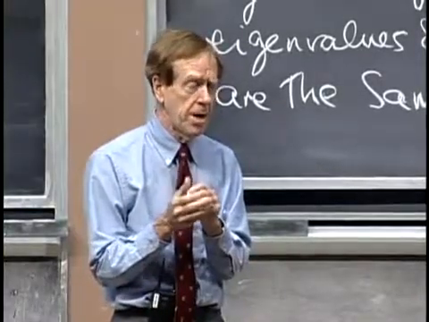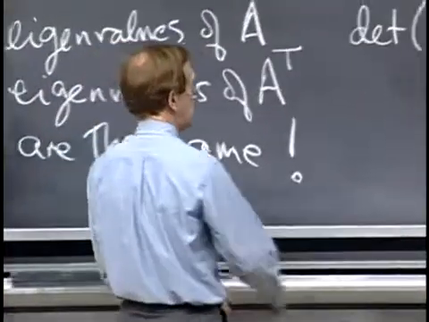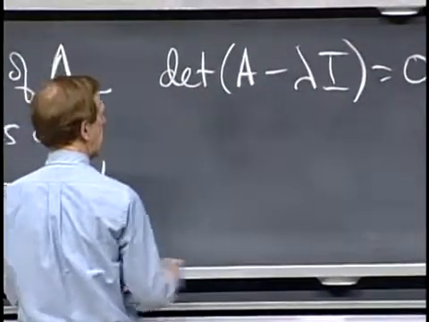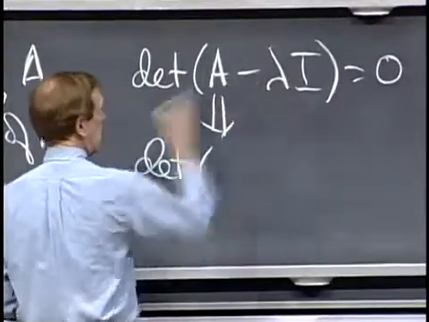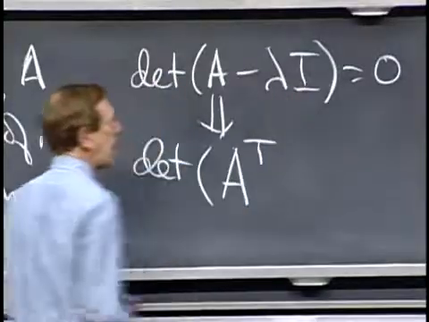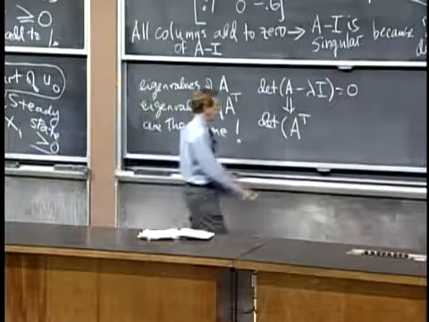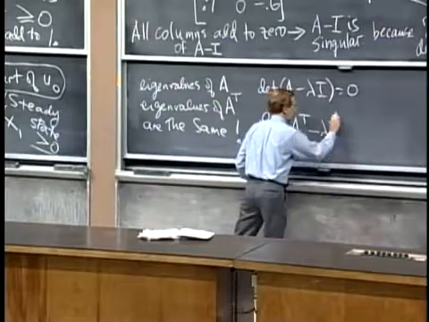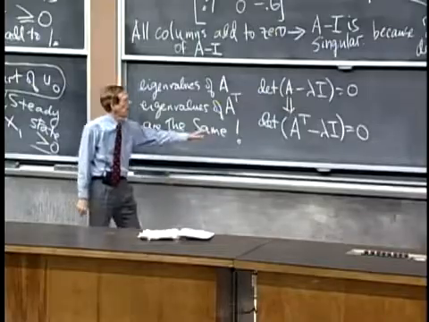That was property 10, the very last guy in our determinant list. So I'll transpose that matrix. This leads to this. I just take the matrix and transpose it. But now what do I get when I transpose lambda I? I just get lambda I.